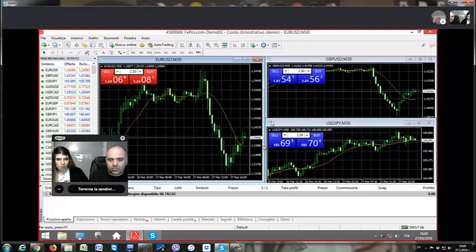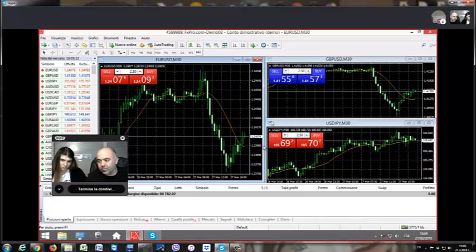Well, now the lesson today. Yesterday we saw together how to trade on top or buy on dip. This strategy apparently is easy, but it is not. This is the reason why, since now, I told you to simulate this strategy on demo.